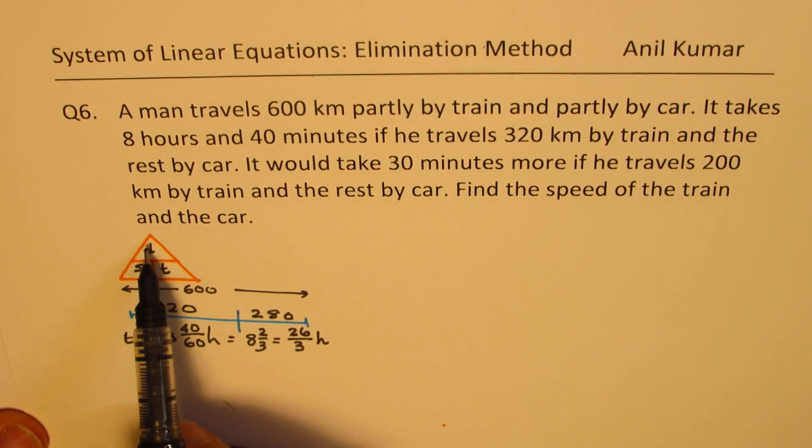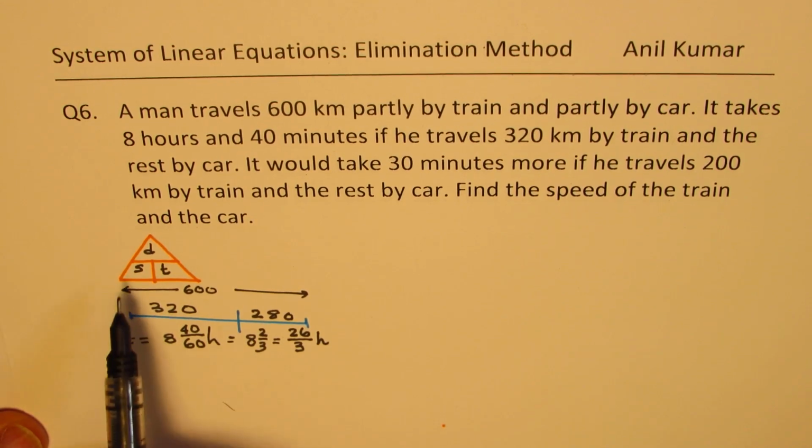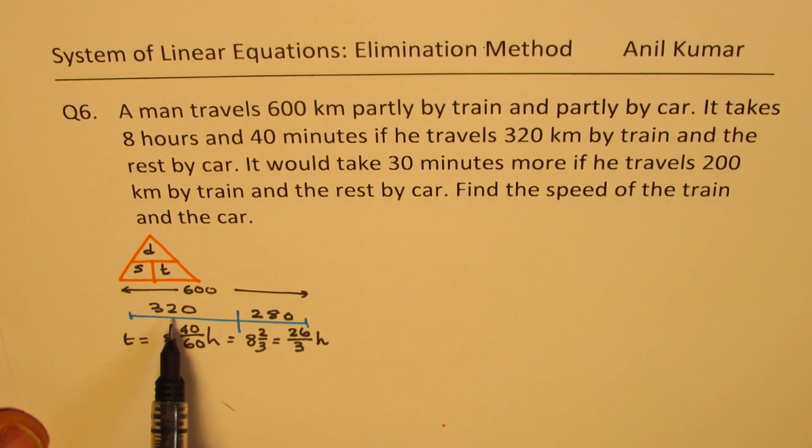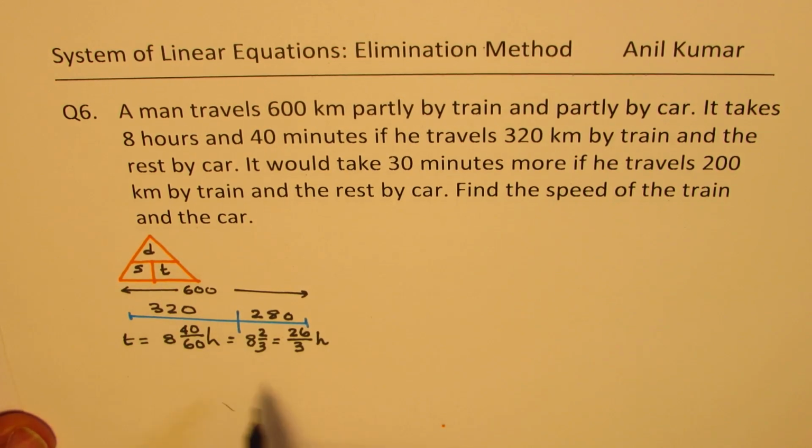Now, time is distance over speed. So let us say the speed of train is capital T. So the time taken by train should be, let's write this equation here.